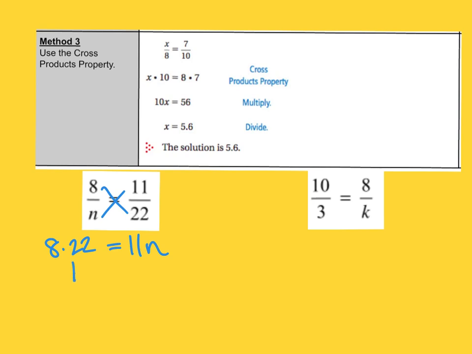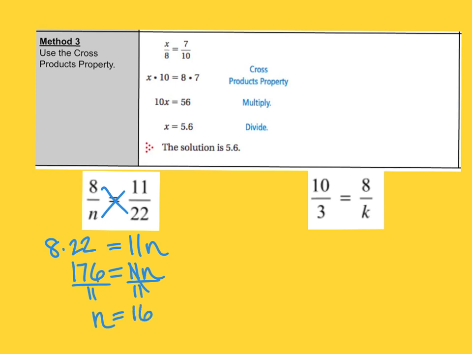When we multiply 8 times 22, we get 176. We want to isolate our variable n. It's currently being multiplied by 11, so we're going to divide by 11. The multiplication property of equality says we need to divide by 11 on both sides. These will cancel out, leaving n alone, and 176 divided by 11 is 16.